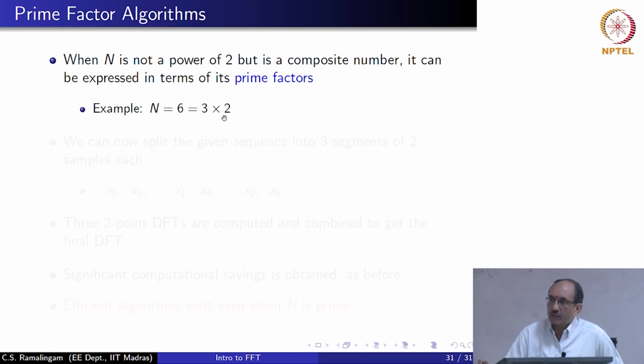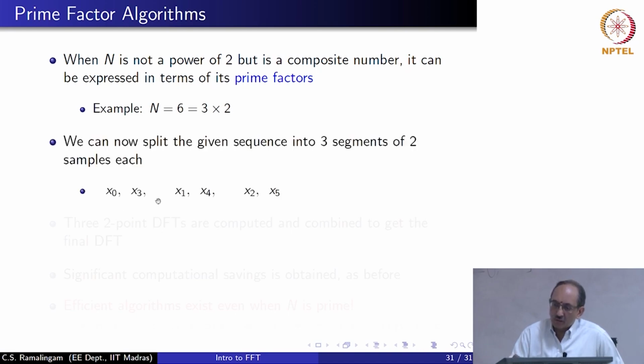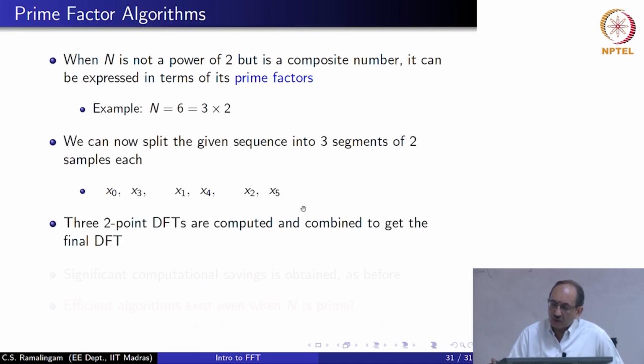Remember, any composite number can be expressed as products of primes and its powers. Alright. Therefore, you can split the sequence into x0, x3, x1, x4, x2 and x5, and these three 2-point DFTs can be combined to get the final DFT, and significant computational savings is obtained as before.